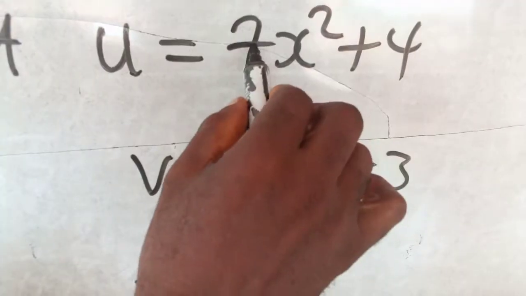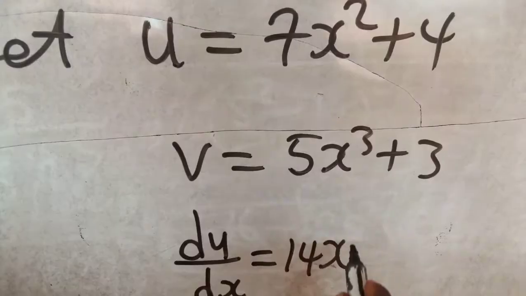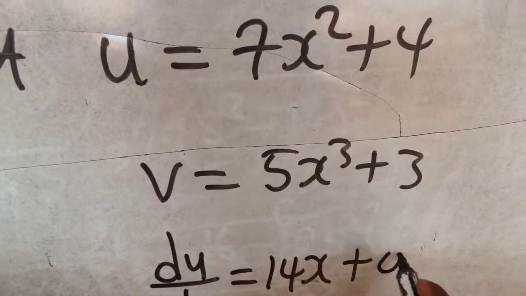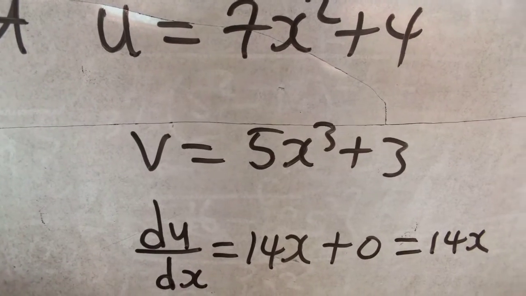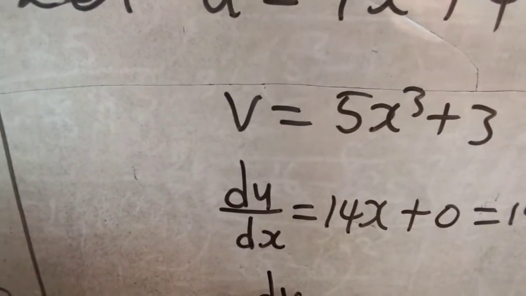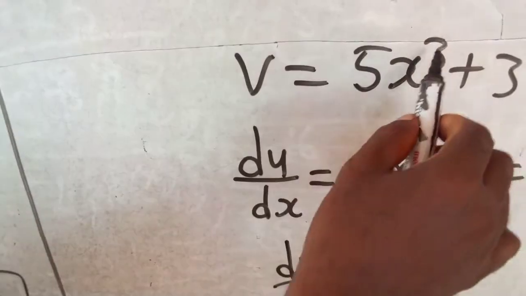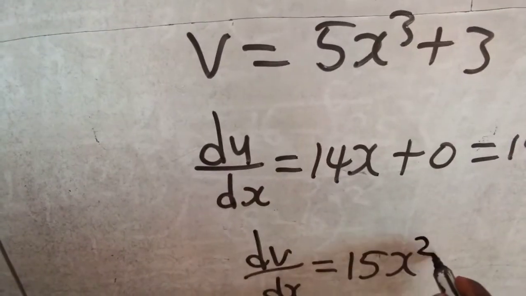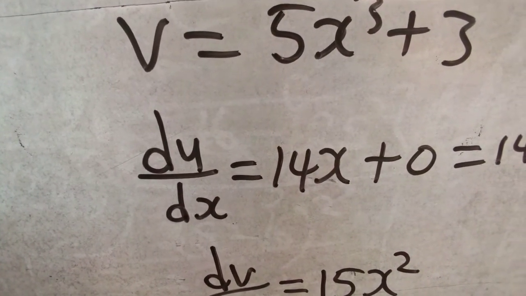So you say 2 times 7, 14. You remove 1 here, it will give you 1. If you differentiate a constant, it will give you 0. Your answer will be 14s. Then dv over ds will give you 3 times 5, which is 15. You remove 1 here, it will give you 2.